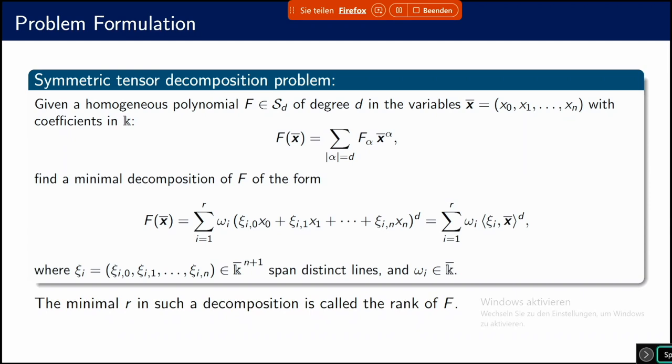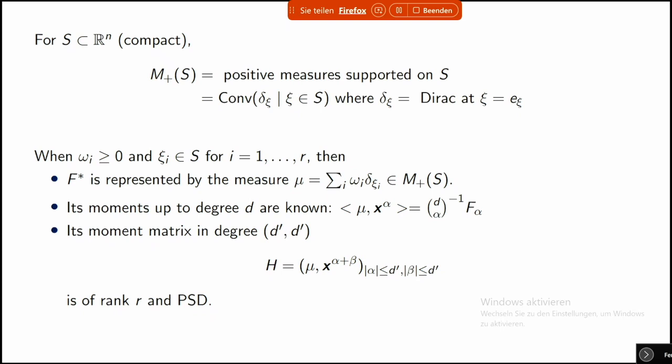I did not see the localization matrix corresponding to the set capital X in your program. I just saw the moment matrix, right? But how do you encode the fact that the atoms should come from capital S?